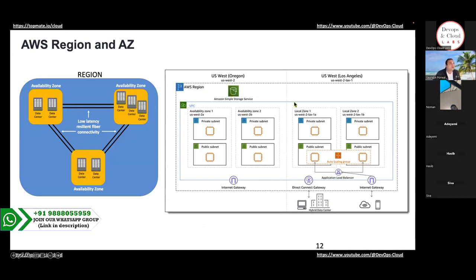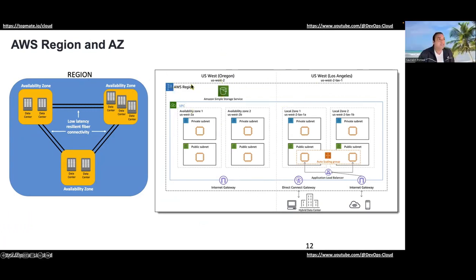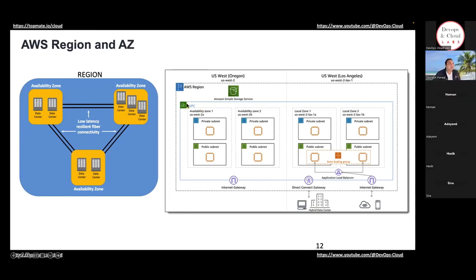So if you look at this diagram, you've got your region, you've got VPC in here, you've got different availability zones. Now within availability zones, you've got private and public subnets, and then similarly your private and public subnets in here. Slowly you will have to start understanding all these diagrams as you go.